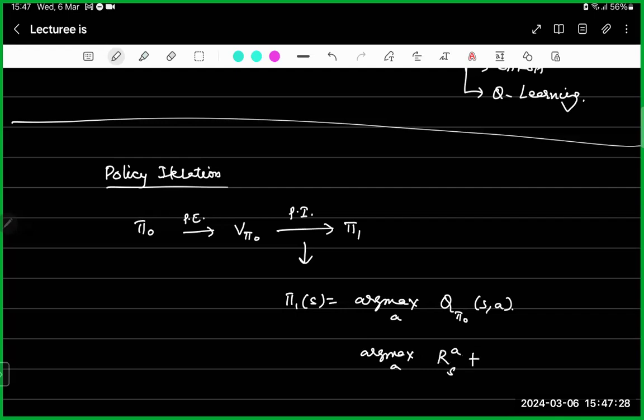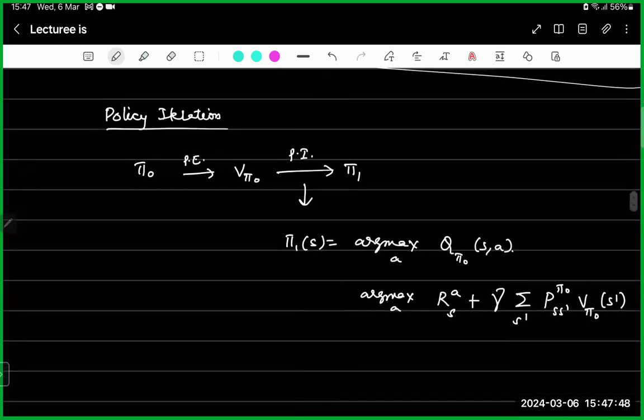R(s,a) plus, into, P pi naught(s, s dash), into, what else? V pi naught of s dash, right?